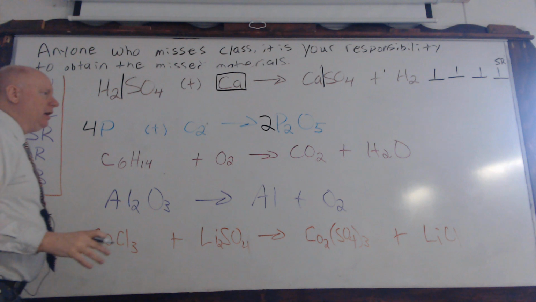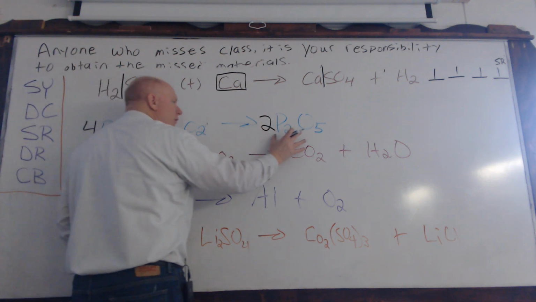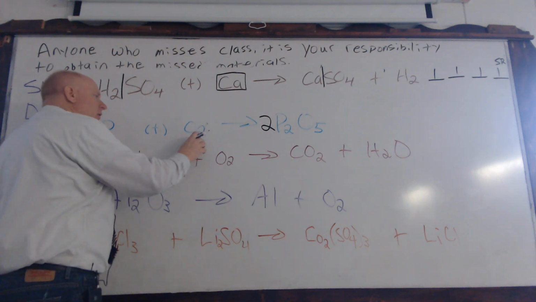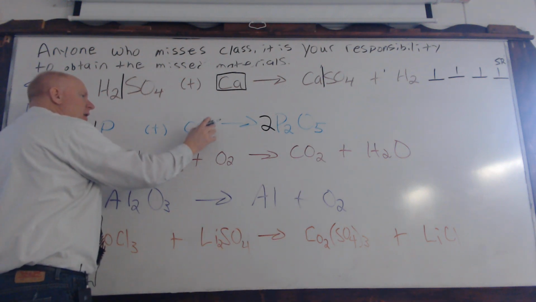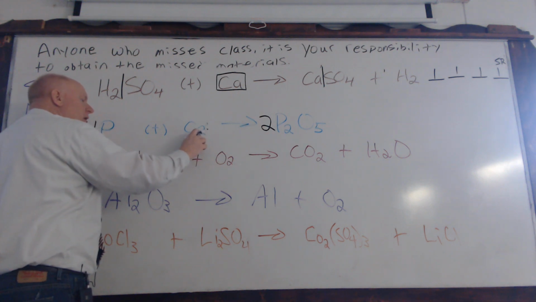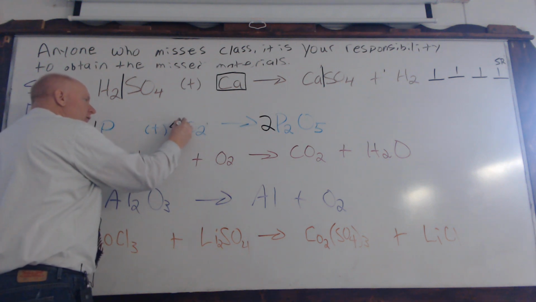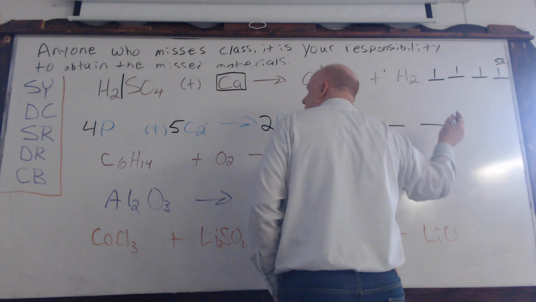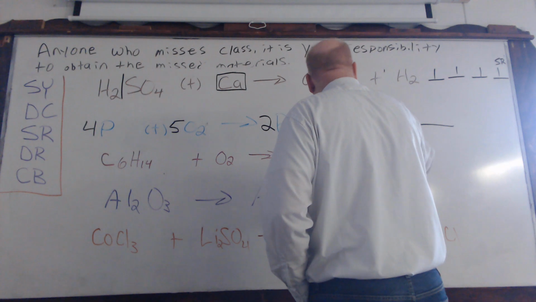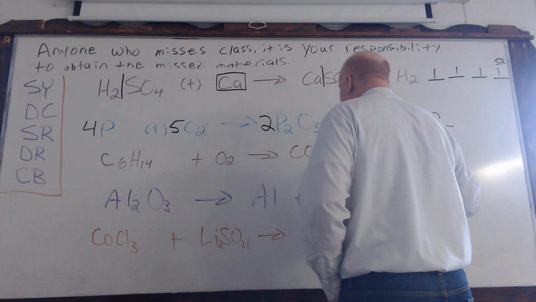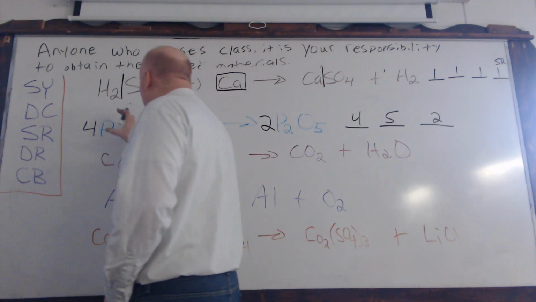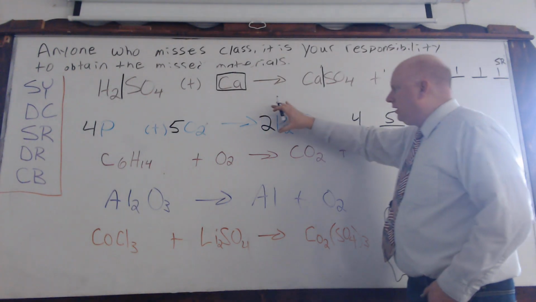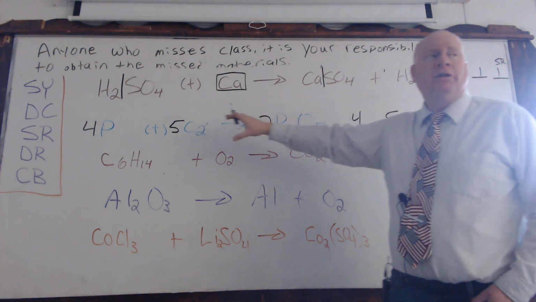Then again, we distribute that 2 through the entire compound. 2 times 5. Then over here, again, these come in pairs. If we've got 10 over there and only 2 here, we're going to want to put a 5. So upon doing this, it looks like we've got 4, 5, 2. And then we're taking one substance here, and making something a little more complex than what we started with.